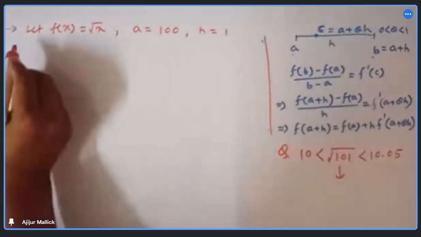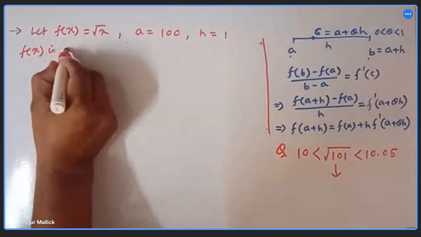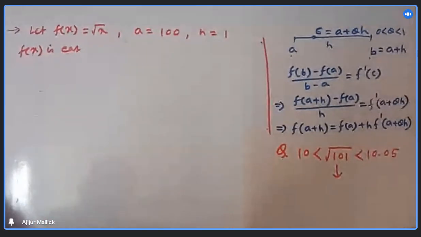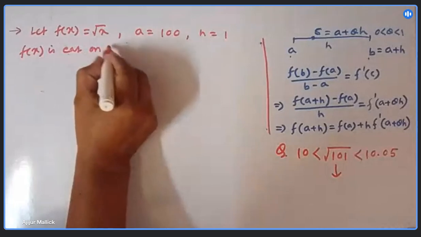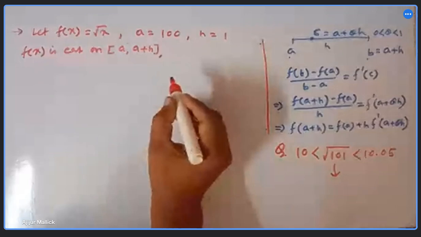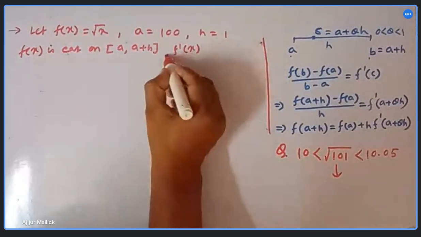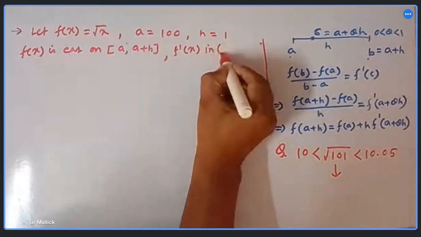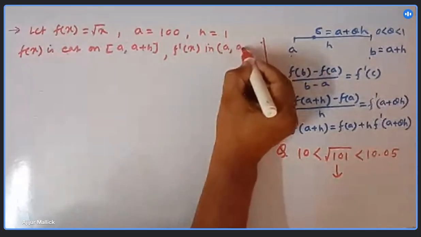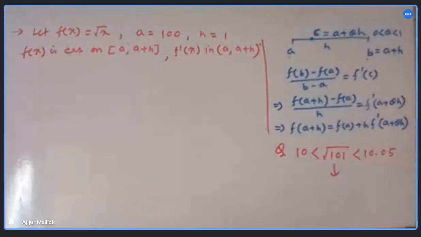I check. f(x) is continuous on the closed interval a to a plus h, and f dash x exists in the open interval a to a plus h.